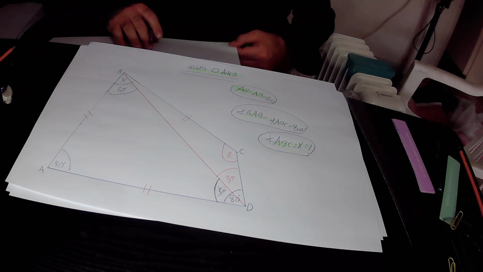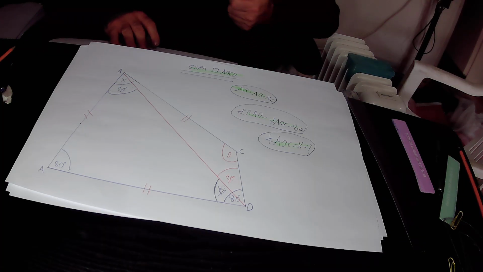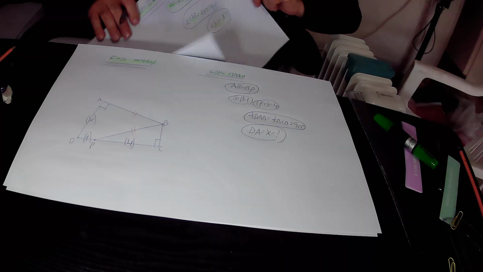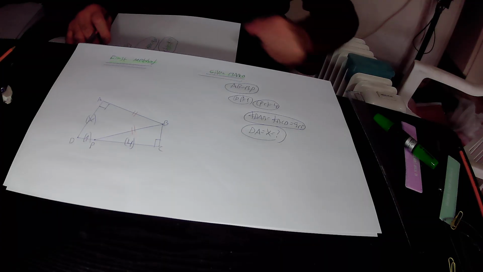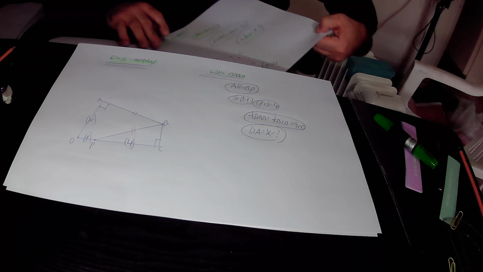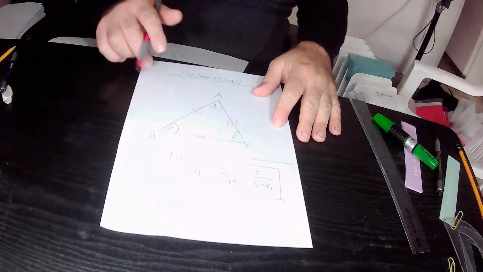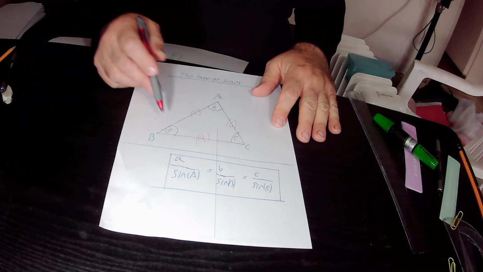So I'll quickly go over the law of sines. The law of sines is true in any triangle. So actually, this is triangle ABC that could be any triangle.